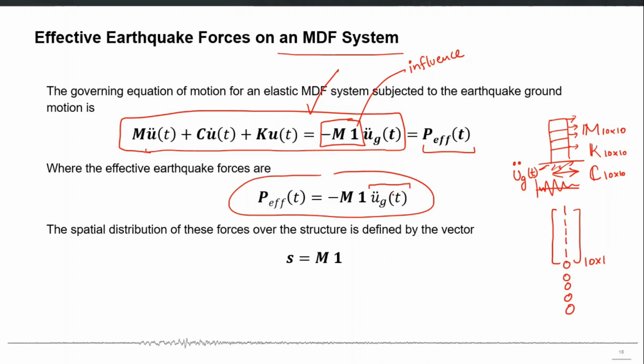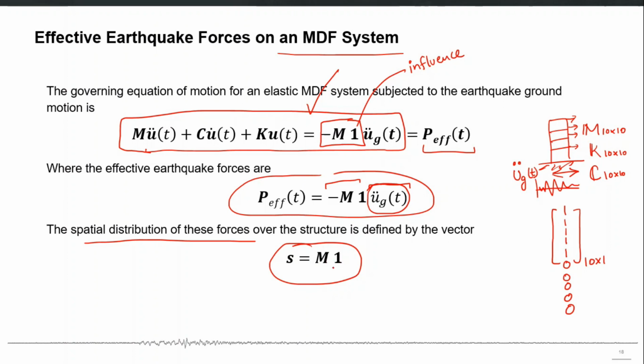And m into 1 is representing the spatial distribution of these forces, how the forces are distributed along the height of the structure, right? So UG dot dot is telling us the temporal distribution of forces, how the forces are fluctuating in time, and m into 1 is telling us how the forces are distributed along the height, right? So they are mass proportional. Depending upon the mass matrix, the forces are distributed along the height.